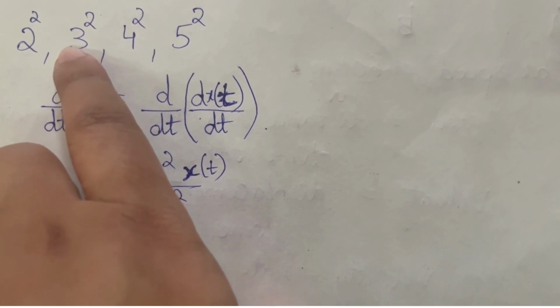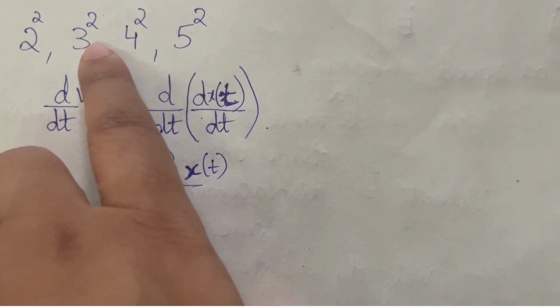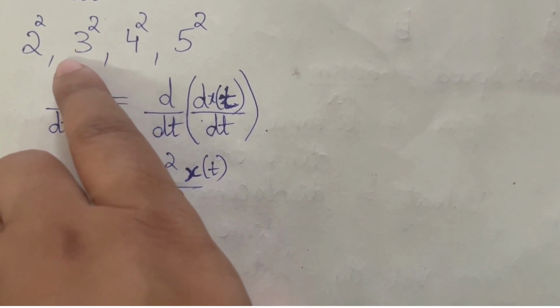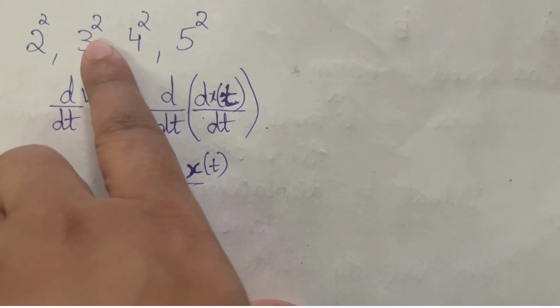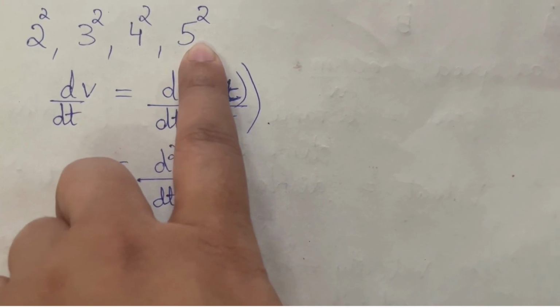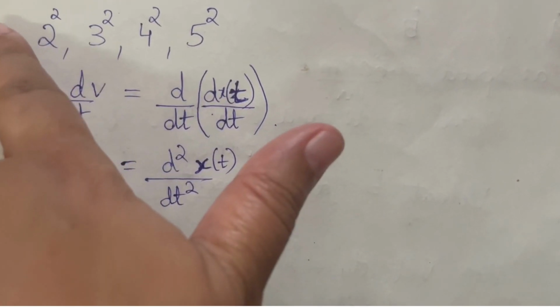So 3 multiplied by 3 2 times. So that is 3 into 3 is 9. You should not confuse this with 3 into 2 6. That is not how it works. This is 3 into 3 is 9. 4 into 4 is 16. 5 into 5 is 25. We know that these are all square numbers.